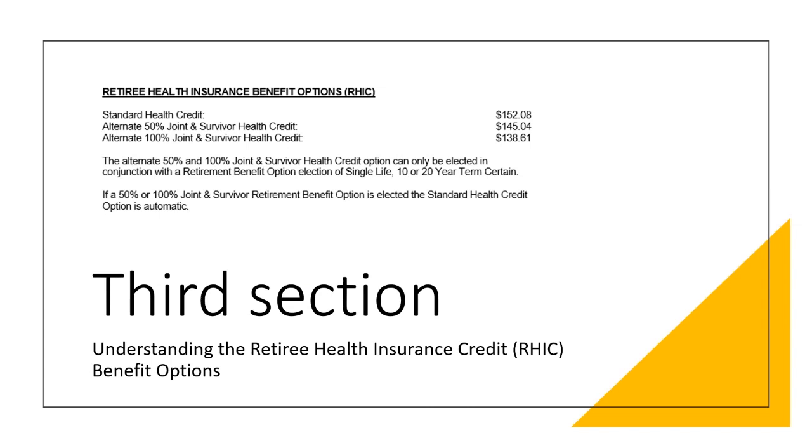I could choose to take a decrease in my health credit, say this 138. I pass first, no retirement benefit for my spouse, but my spouse gets the health credit. If I chose the 50% health credit, I'd get the 145. If I passed first, no retirement for my spouse, and my spouse would get half of the 145.